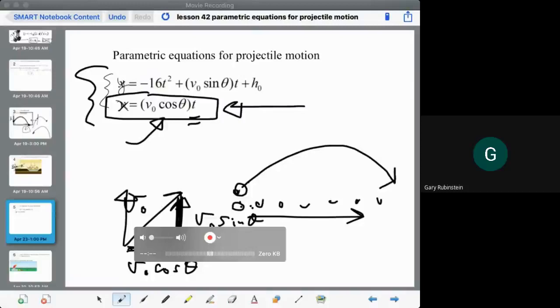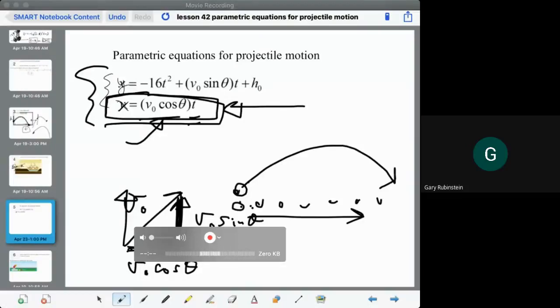But if we ignore wind resistance, the thing moves horizontally at a constant rate. Again, it's not obvious, but I'm telling you it's true. And this equation encapsulates that. Whatever the horizontal velocity is in the beginning, it stays that way throughout, and that's why the horizontal location is v0 cosine theta times t.